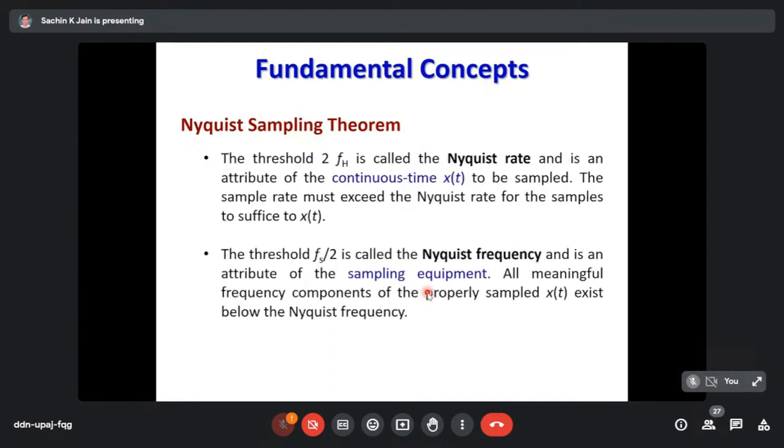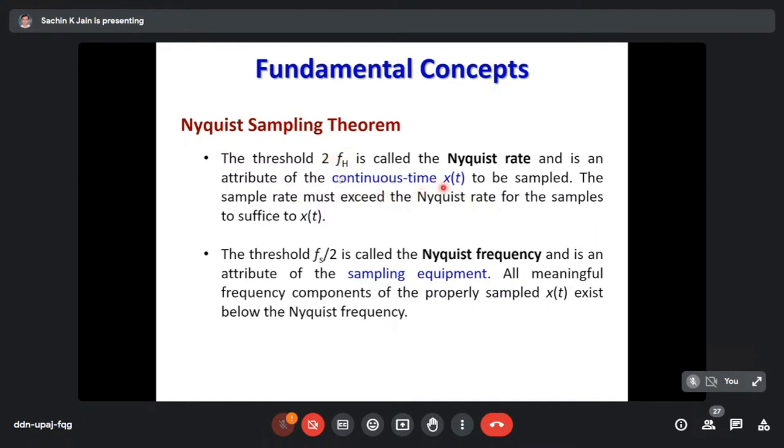And what is Nyquist rate and Nyquist frequency? The threshold 2fh is known as the Nyquist rate. It is defined as an attribute of the continuous time signal: if fh is your highest frequency, then twice of it should be your sampling frequency.